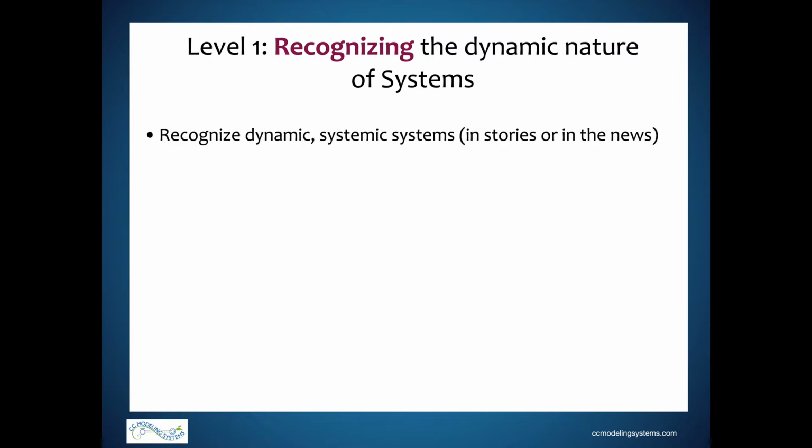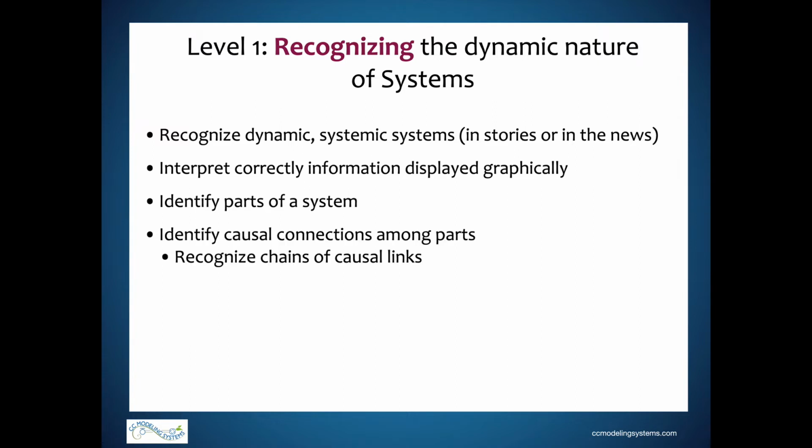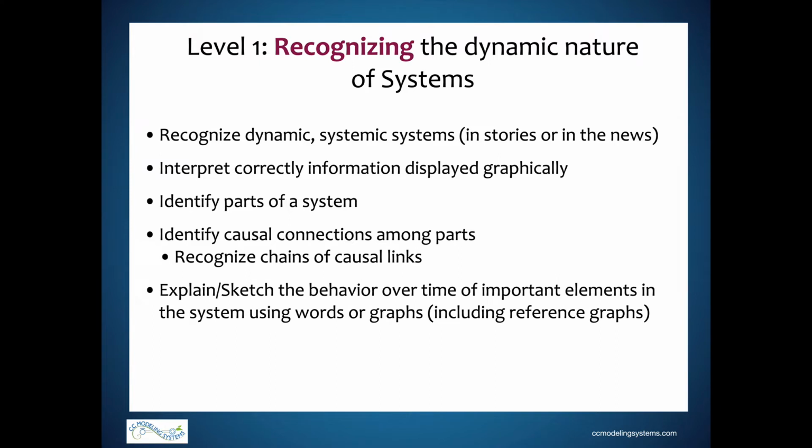Recognizing dynamic systems, interpreting graphical information correctly, identifying parts of a system, identifying causal connections, explaining and or sketching important variables in a system using behavior over time graphs or words, and understanding that a system is more than the sum of its parts.